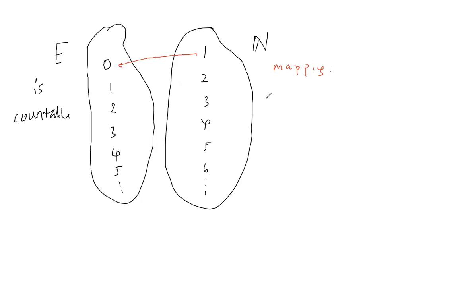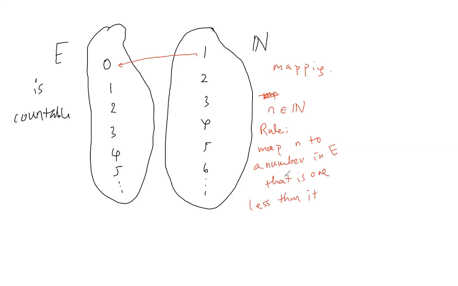So your rule is, if you have n as an element in N, you map n to a number in E that is 1 less than it. So 1 will map to 0, 2 maps to 1, 3 maps to 2, and so on. Then you have a one-to-one mapping, and therefore E is countable.